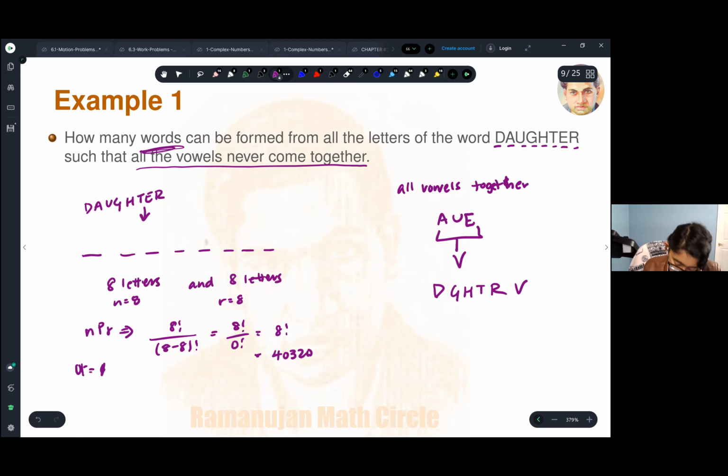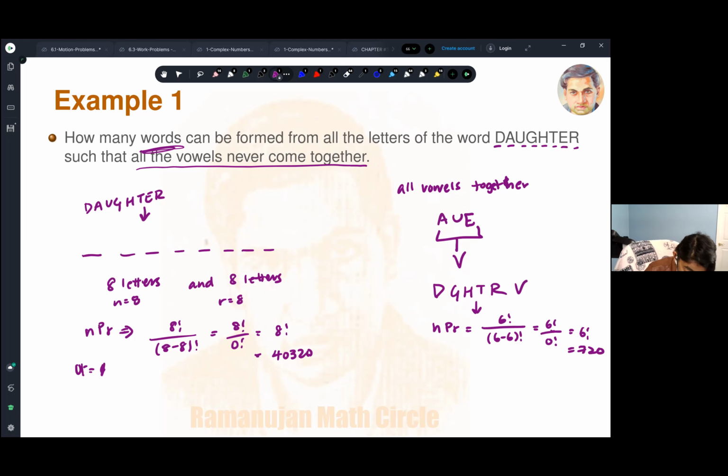So we actually have 6 letters to arrange now, because we're treating A, U, and E as one letter together. Now if we apply the same principle, it's nPr with n equals 6, so 6 factorial over 6 minus 6 factorial, that's 6 factorial over 0 factorial, so that's 6 factorial, and that's equal to 720.